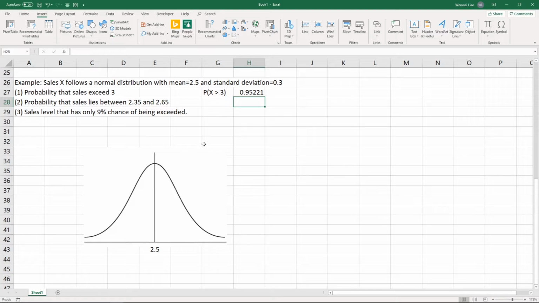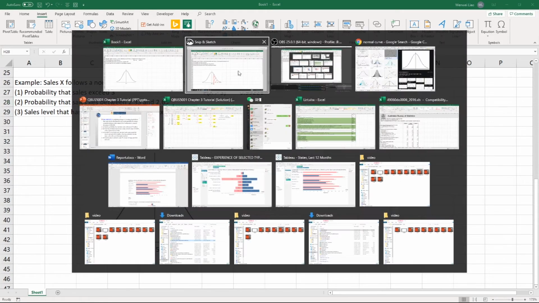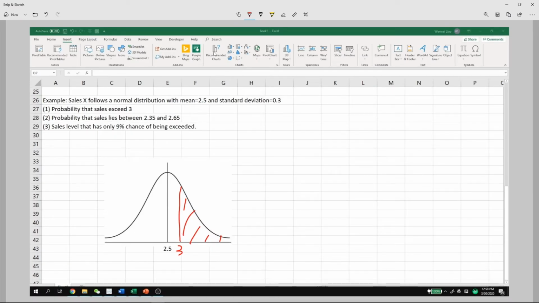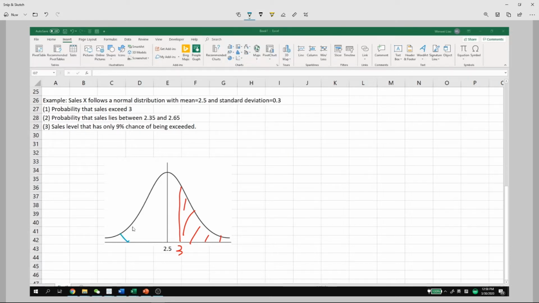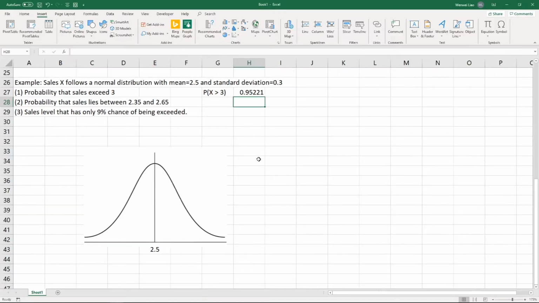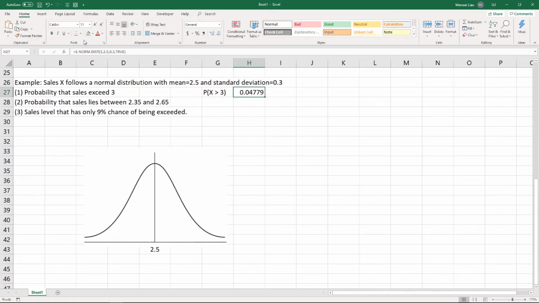Then we can calculate the area here. But now we want to calculate this area, so we just need to use 1 minus, and this is our result.